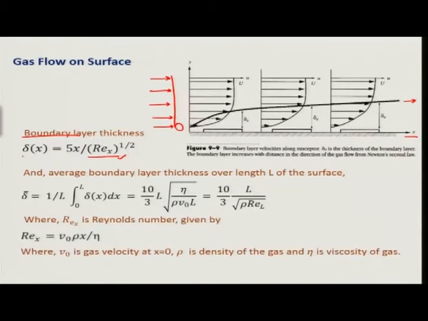Okay. So, this is the boundary layer thickness as a function of x, but if we have a substrate of length L and we want to know what will be the average thickness of the boundary layer, we can carry out this expression and we can find that this is the boundary layer thickness, where Rex is a Reynolds number which depends on viscosity of the gas.